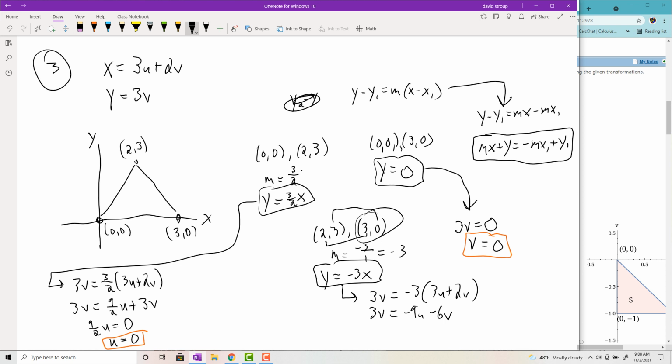So you could solve for v, add 6v to the other side, you get 9v equals negative 9u. In other words, v equals negative u. Okay, so those are our 3 lines.